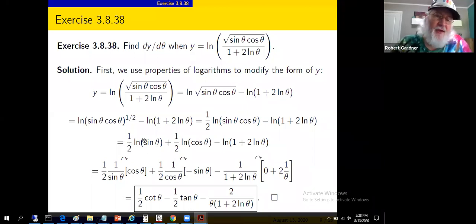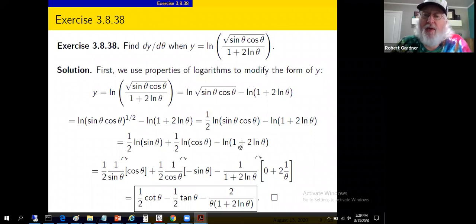Differentiate. We've got the 1/2 out front. Differentiate log sine theta: 1 over sine theta times the derivative of the stuff inside, which is cosine theta. So 1 over the stuff inside times the derivative of the stuff inside. We actually did this in a couple examples ago. Similarly, derivative of log cosine theta: 1 over cosine theta times the derivative of the stuff inside. The derivative of cosine theta is negative sine theta.